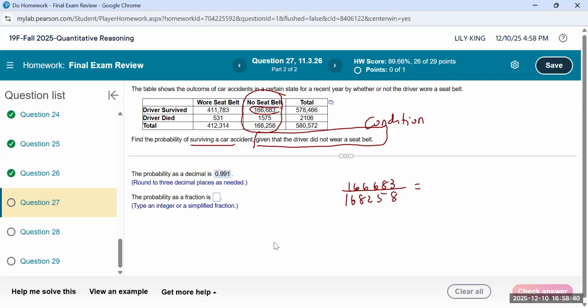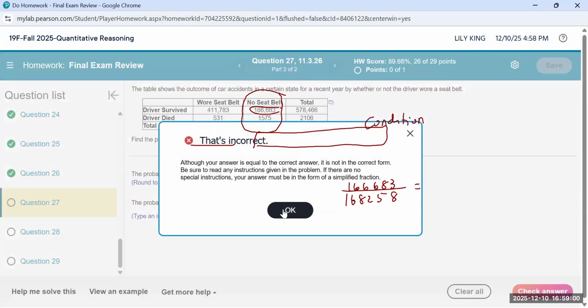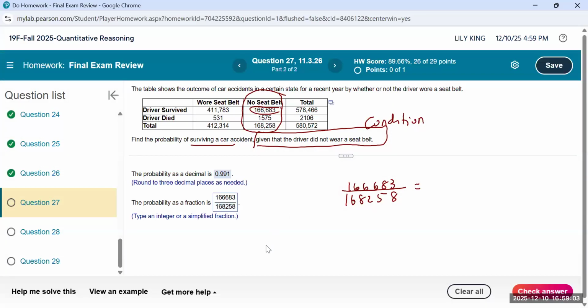The reduced fraction, simplified form. Okay, and we divide this by 3.